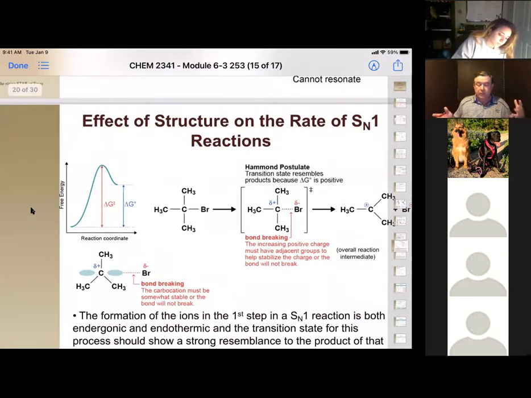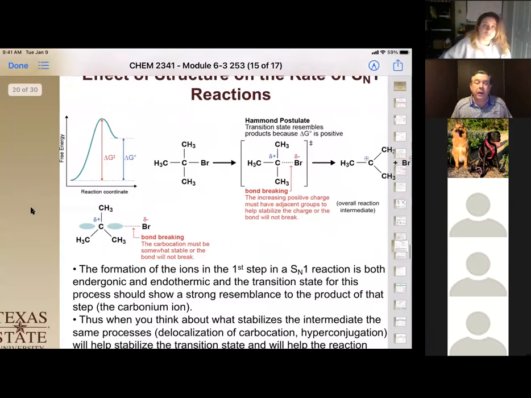So there's a couple things that enhance the rate of the reaction, and one of the things we think about is: is the intermediate more like the product or more like the starting material? In the case of our Sn1 reaction, it's more like our product because we've changed the system.